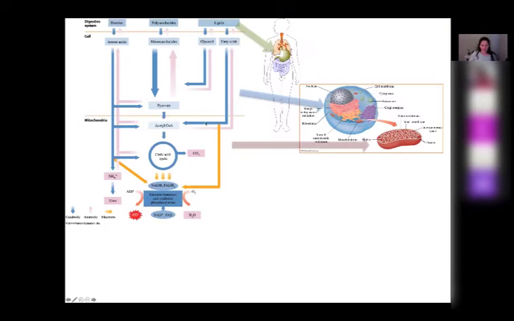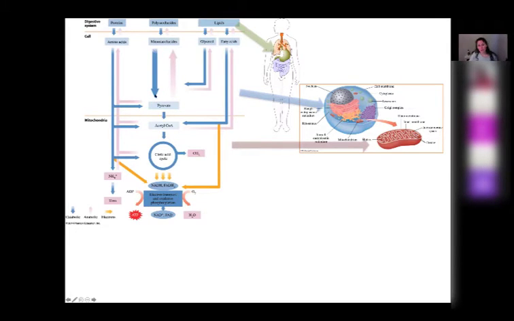Now, I'm going to make this chart smaller, and then I'm going to highlight individual places. I'm going to start where we started in the chapter, with the catabolism of monosaccharides, and specifically glucose. We use glucose as the key example because that's the only sugar that can go through the entire glycolysis pathway.